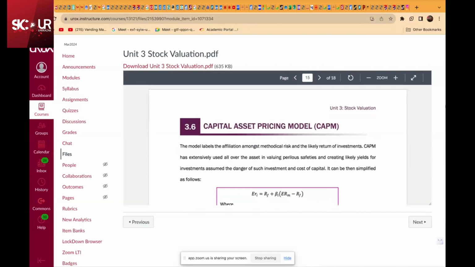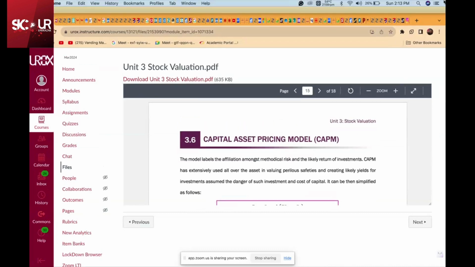Okay. Next, we go to the capital asset pricing model. Capital asset pricing model, or CAPM, is the model that describes the relationship between the systematic risk and the likely return of investment.